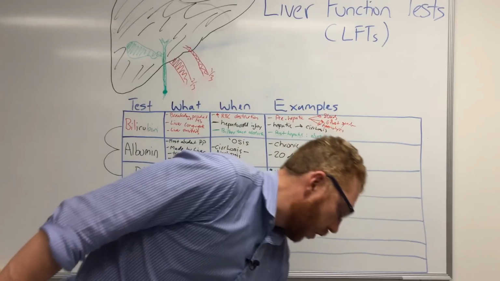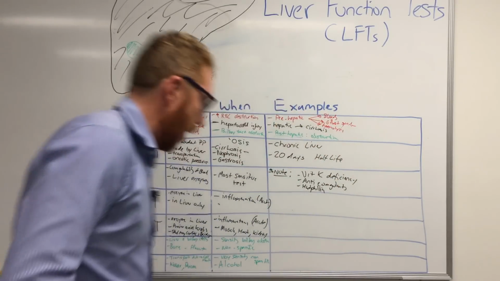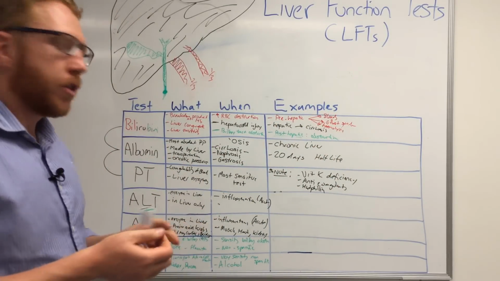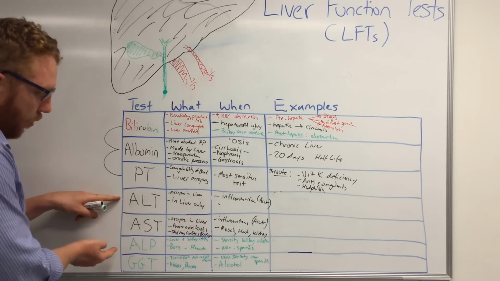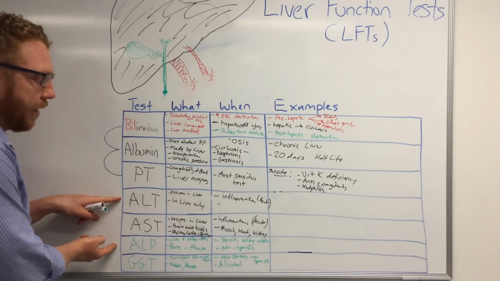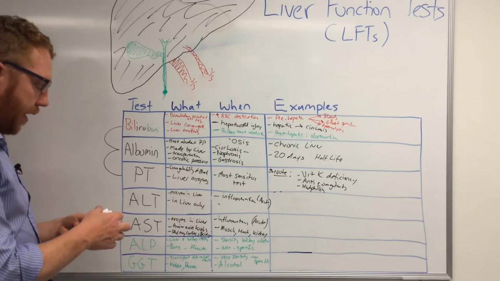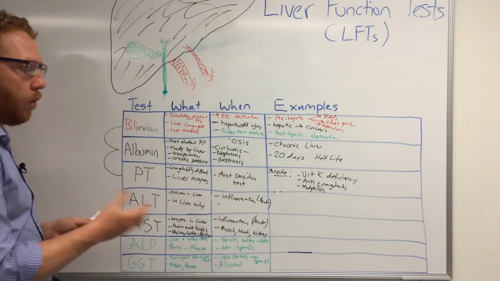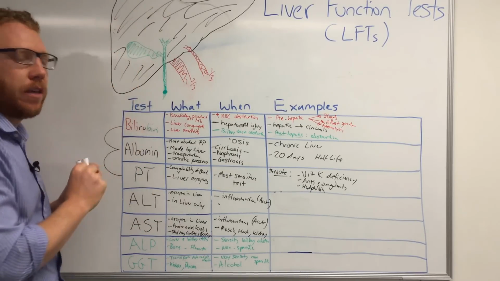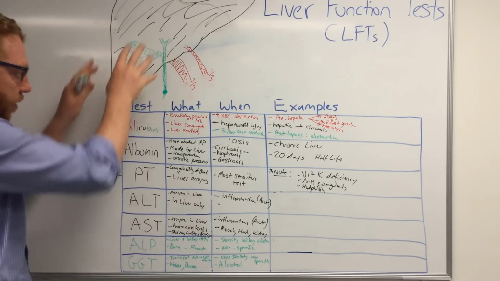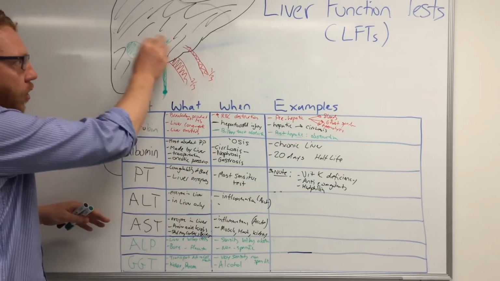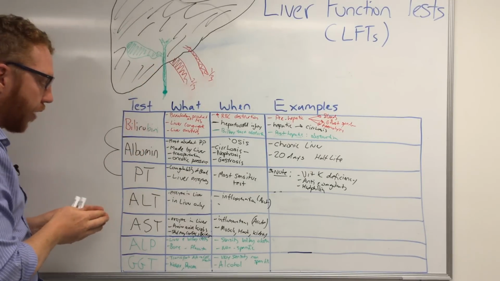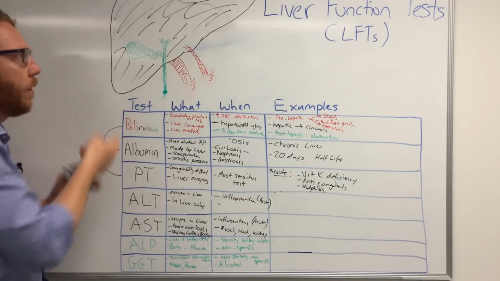So let's have a look at when you are assessing. One of the first screens you could look at is ALT and ALP levels. If you were to see a higher amount of ALT relative to ALP, that would be indicative of liver-specific injury. Even though we've got ALP in green and we're talking about the hepatobiliary tract, it can still go up with liver injury.